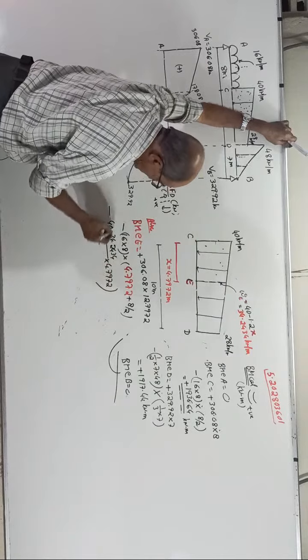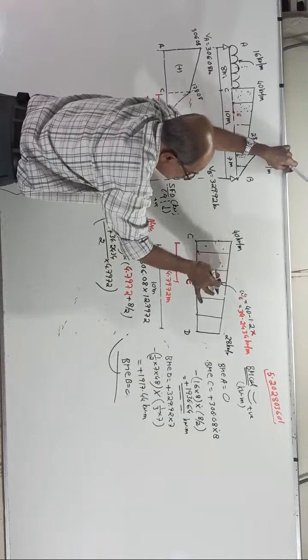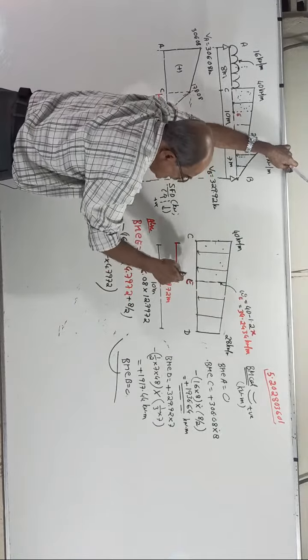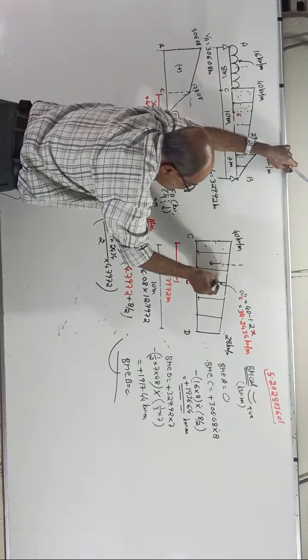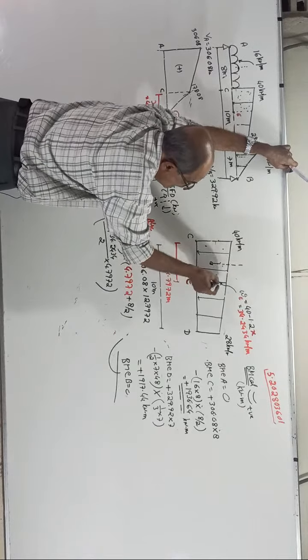4.7972 is the total load. Sum of the two parallel sides divided by 2, into the distance between them, will give the total load into this distance. We want the BM here, into this distance.